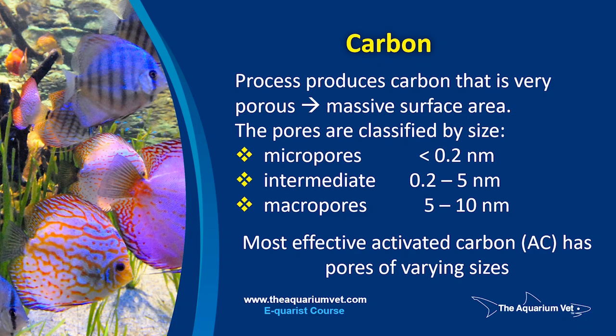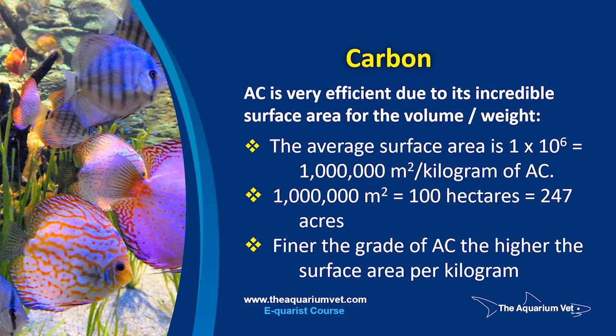The most effective activated carbon has a whole range of these different pores of different sizes so that they can take up the toxins. And what happens is, because you have all these pores, it actually creates an incredibly high surface area inside the carbon to be able to take up the toxins.